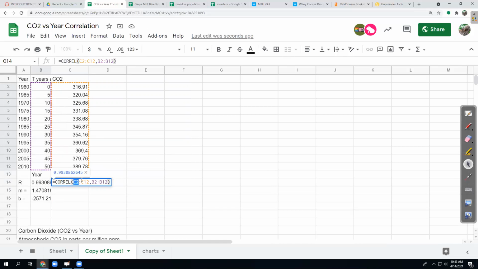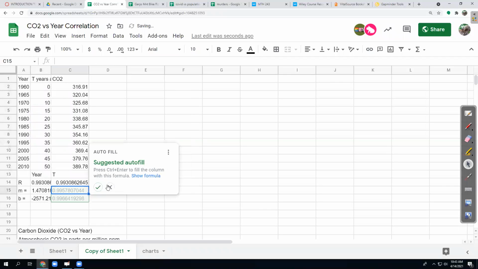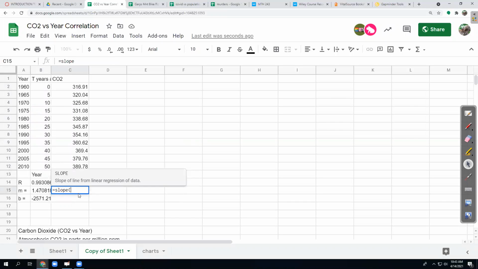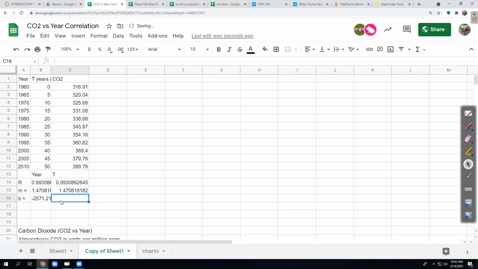I'm going to copy these to make it easier. I get the same correlation coefficient. I don't want to fill that down. Then I want the slope, and when I paste that in, I get the same slope. The y-intercept, though, because I changed what x meant, is going to change. So this time, intercept.